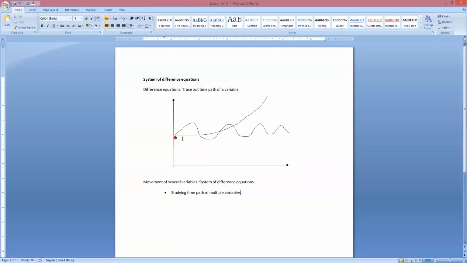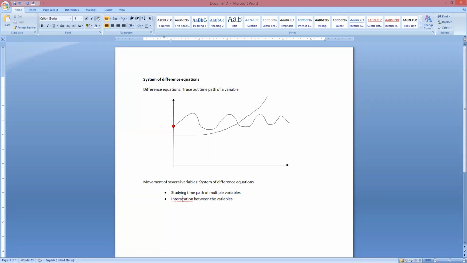So for instance, over here, we can have two variables. The first variable is oscillating and the second variable moves up like this. More important, what we can have is interaction between the variables.